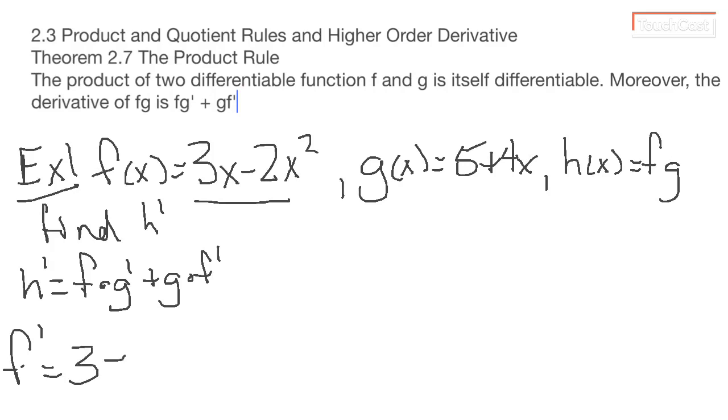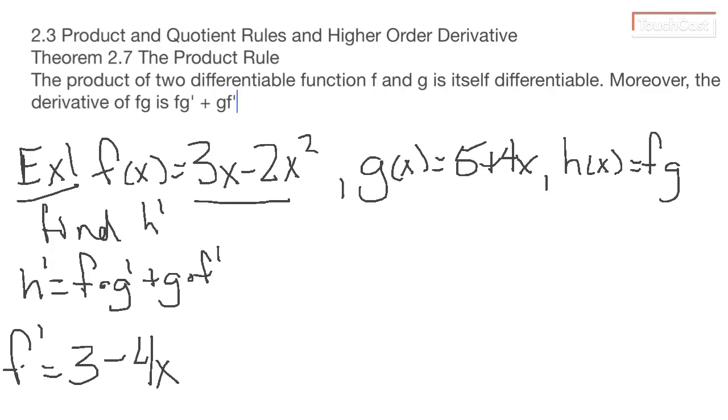We'll bring that minus through. Now let's find the derivative of the second term. We've got 2x squared. Well, if we bring the 2 from that power down, we're going to have 2 times 2, which is 4x, and we have to reduce the power by 1. So 3 minus 4x is going to be f prime.